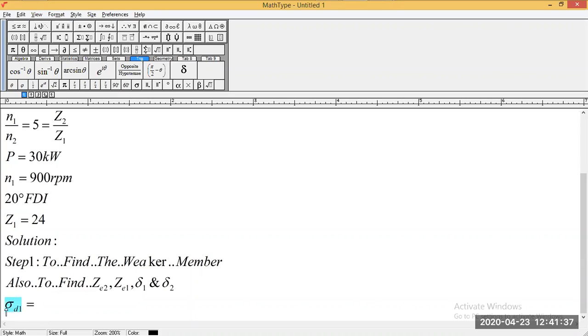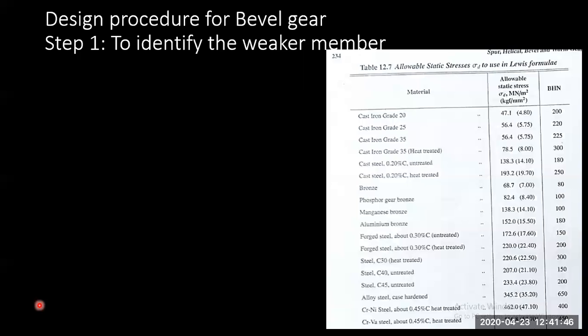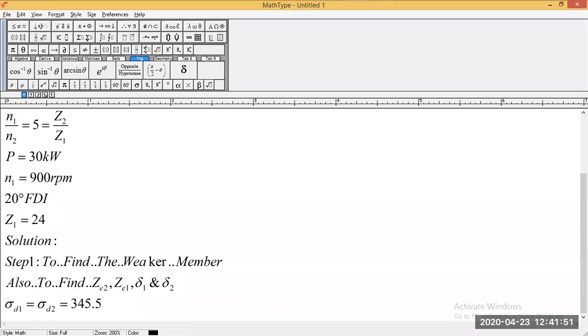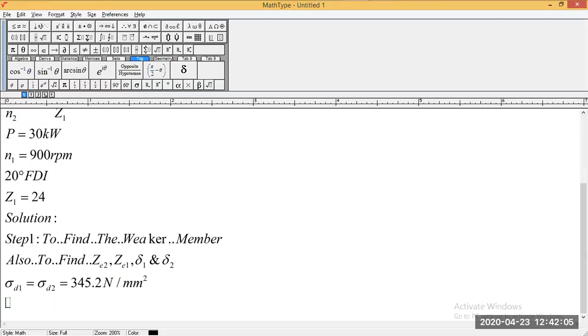Sigma D1 is equal to sigma D2 is equal to 345.2 Newton per mm square. Okay, since both materials are same, just after this step, I can write that also.